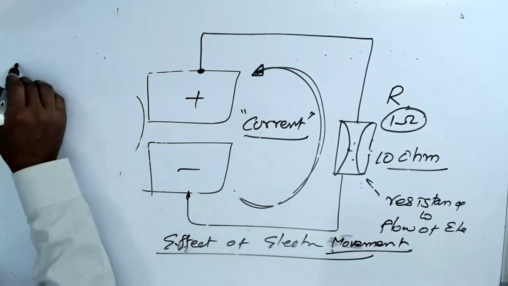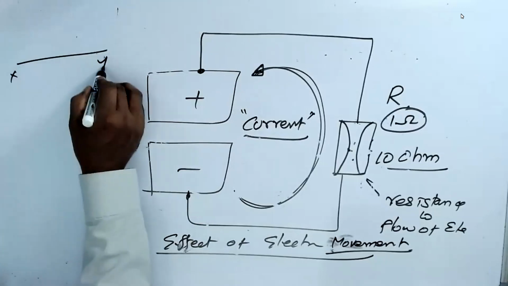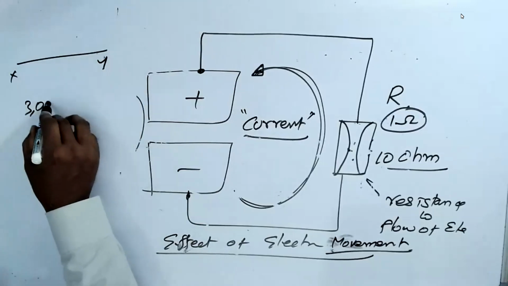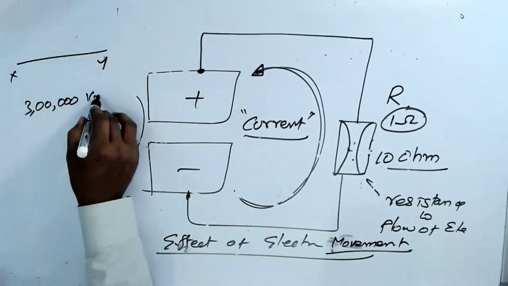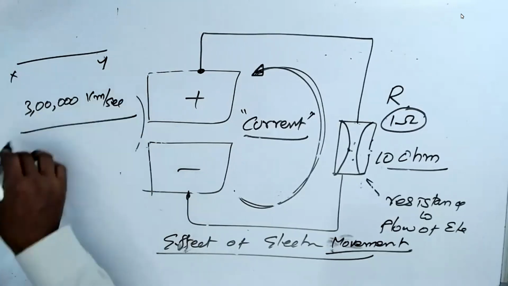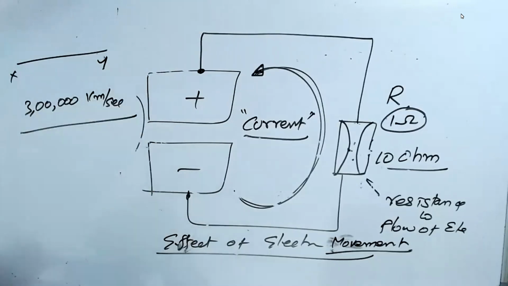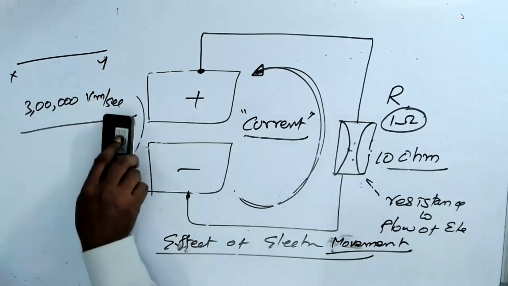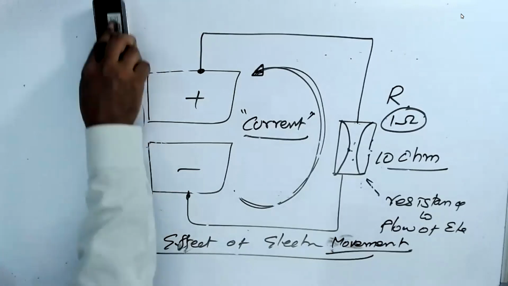The effect travels from place X to place Y at the speed of 3 lakh kilometers per second. That's the reason when there is a problem in the meter, you get it immediately, even if you have 3 lakh kilometers of wire. So you understand that. The effect is current.